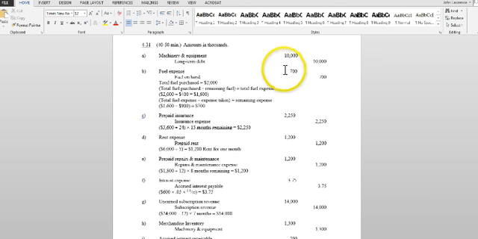So hence the entry here is to debit fuel expense and credit fuel on hand, which in this case is an asset account, and it's asset account number 7 on the small chart of accounts.